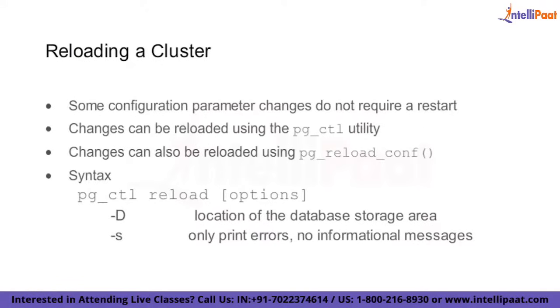Especially this is required when you add a new entry or make any changes to your pg_hba.conf, the host based authentication. Let's say I added a new IP address to my HBA file. Sometimes you may forget to reload, and the user may still not be able to connect to the cluster because the new value will not come into effect until you reload.